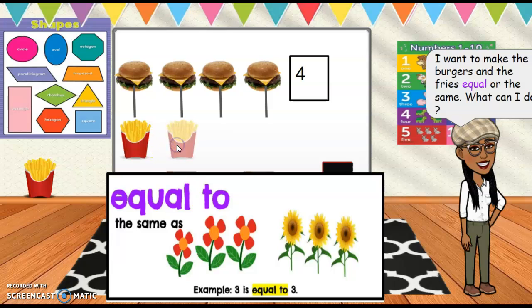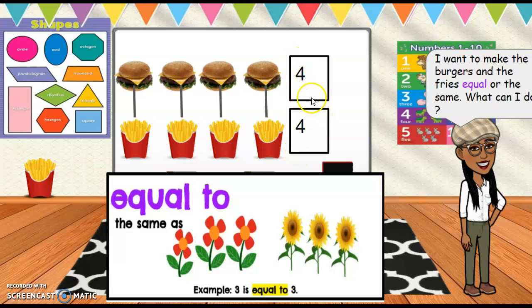So that's 1, 2, 3, and 4. Now, if you notice, they both have the same amount. So since we're just using the objects for today, I can say the burgers are equal to the fries because they have the same amount.